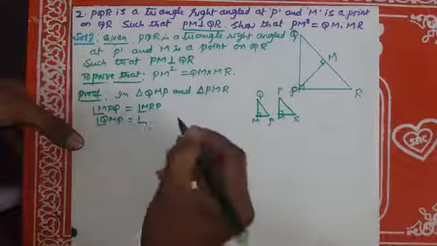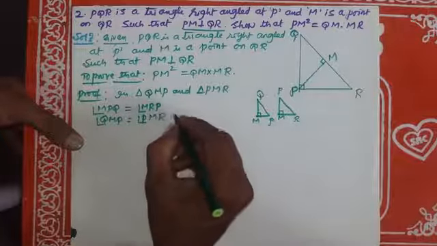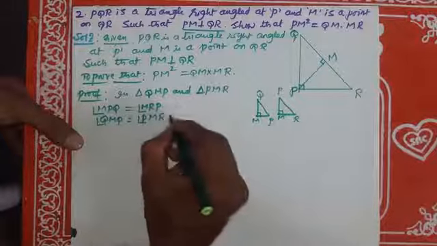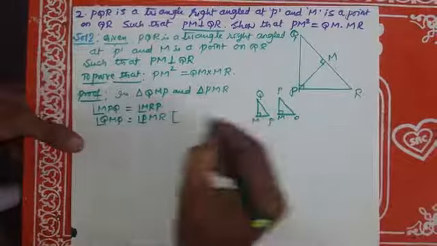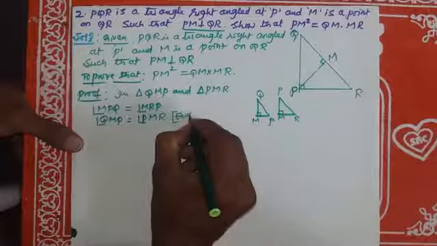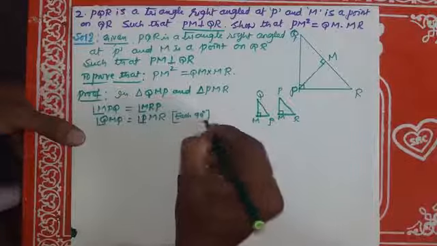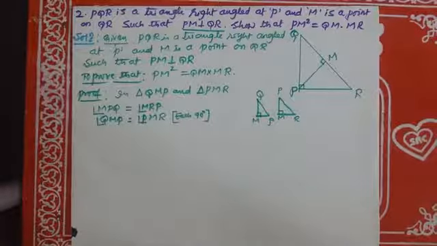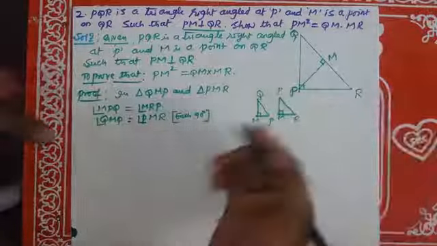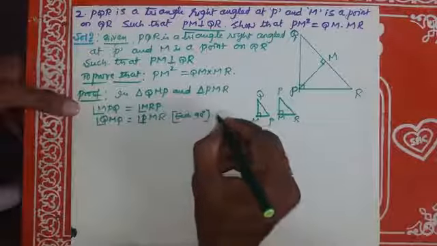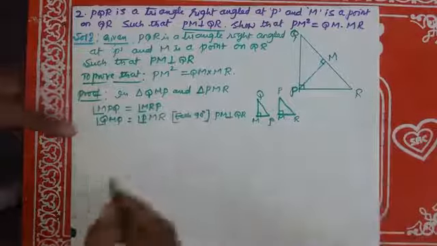Because QMP is equal to 90 degree each, since PM perpendicular QR. You can write like this also. PM perpendicular QR.